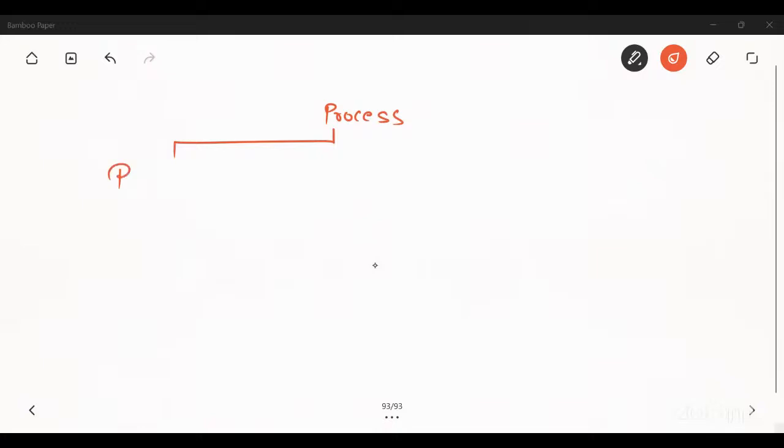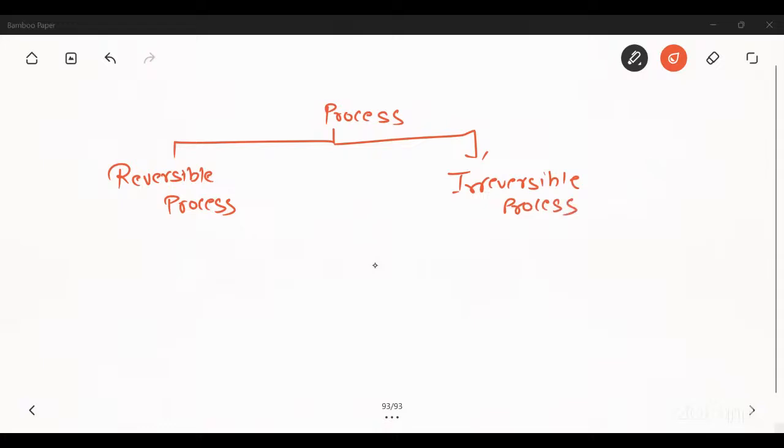Now the last is types of processes. There are two types of processes. First is reversible process, and second one is irreversible process. So what is the reversible process?